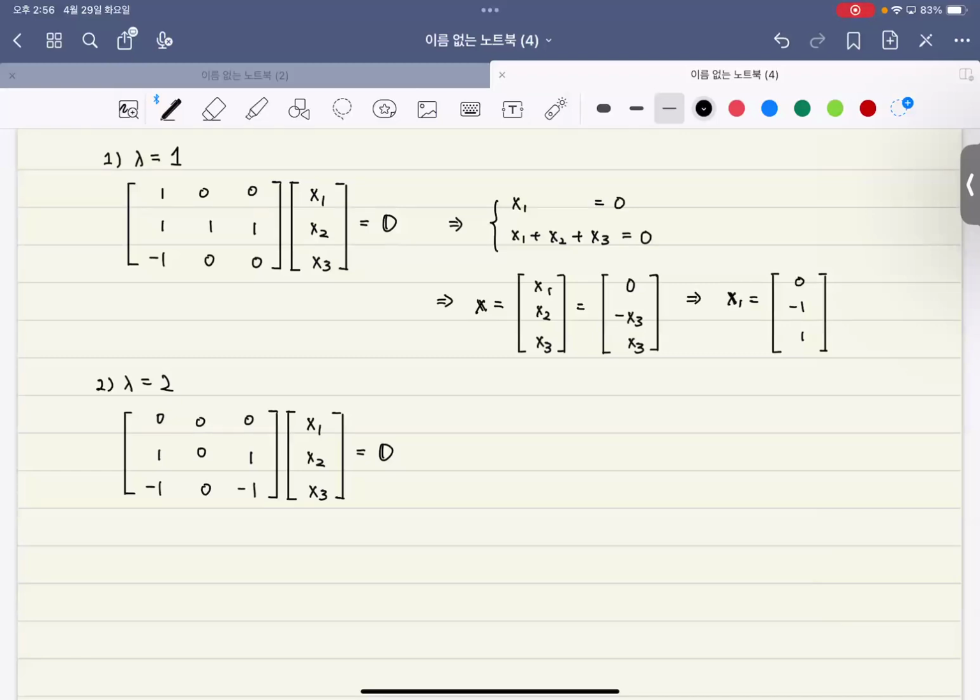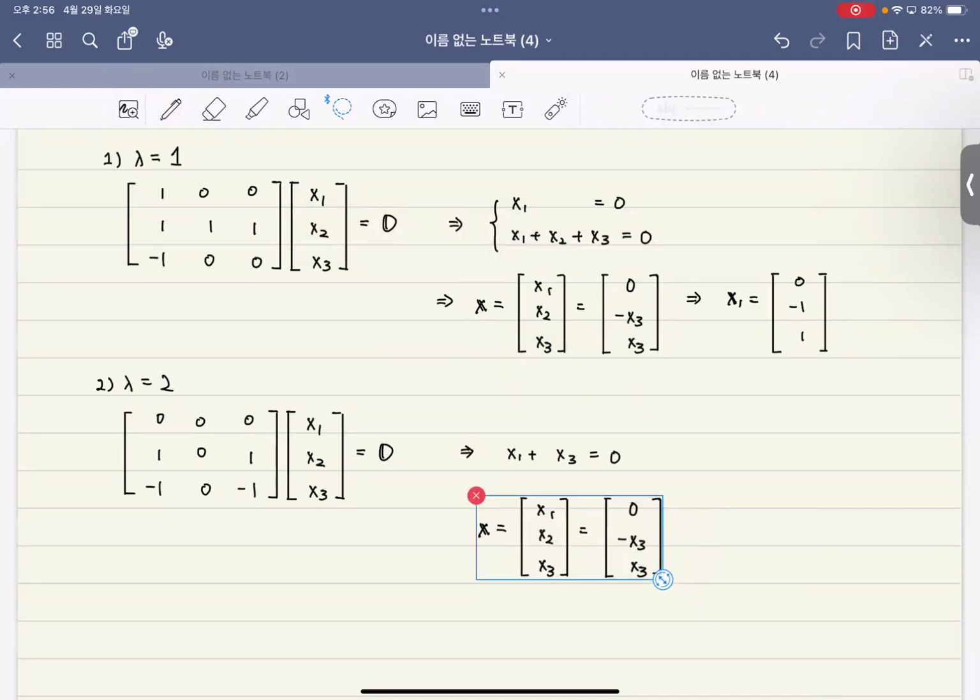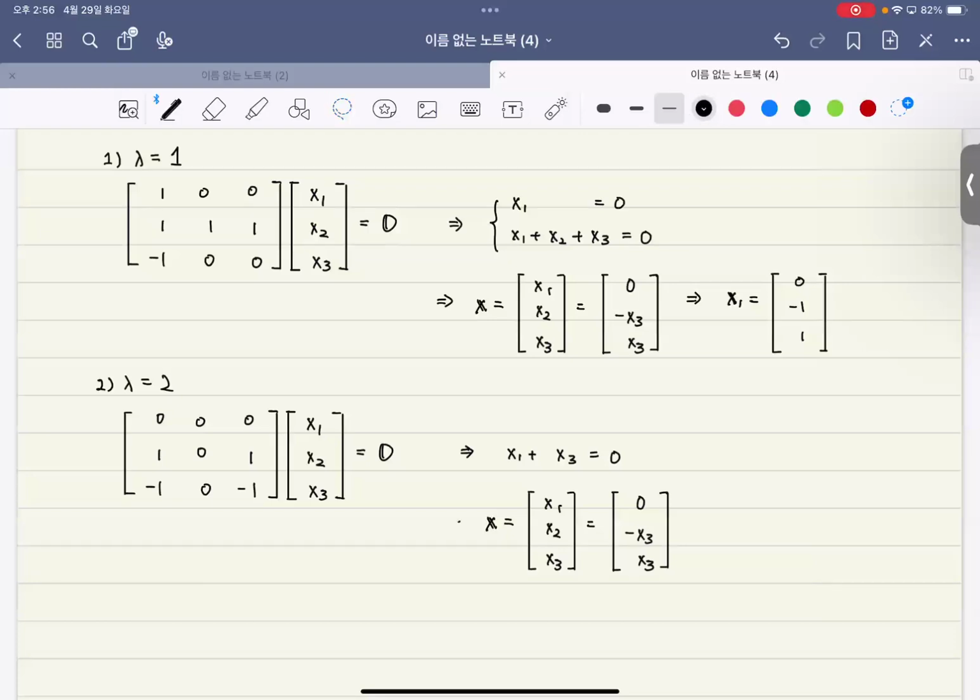So I get this equation, and it turns out I have only one single equation: x1 plus x3 equals 0. So x1 and x3 must be opposite: minus x3, x2, and x3.